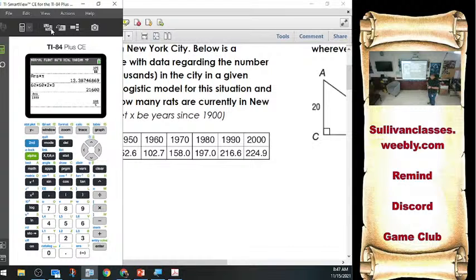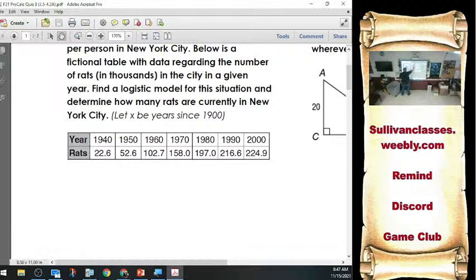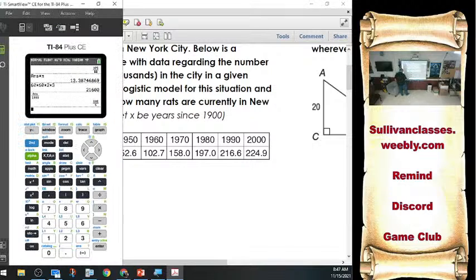That was the last section of chapter 3, yes, because we ended at 3.4 last time. So what do we got? 1940 and on. So I'm going to type in stat edit: 40, 50, 60, 70, 80, 90, and 100.